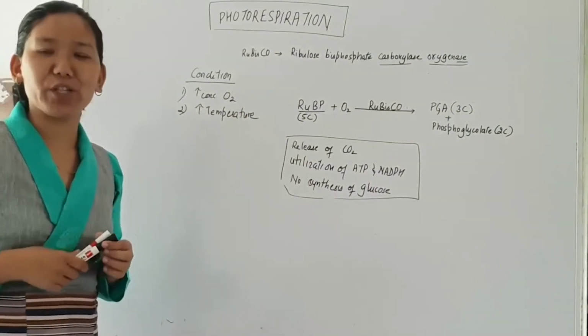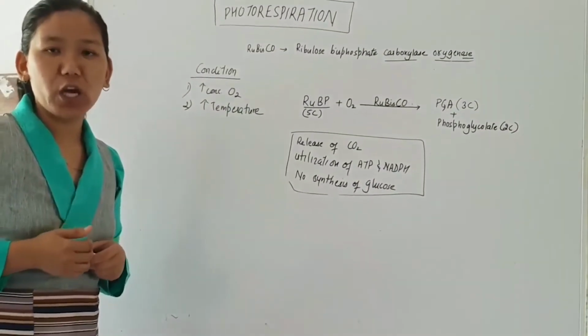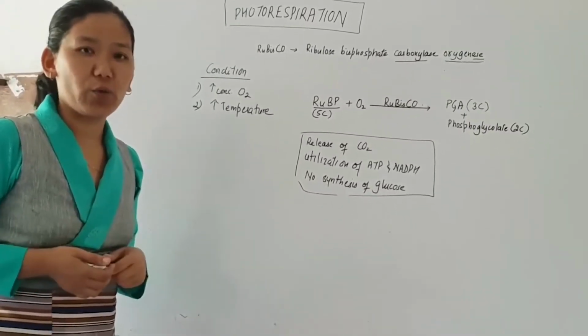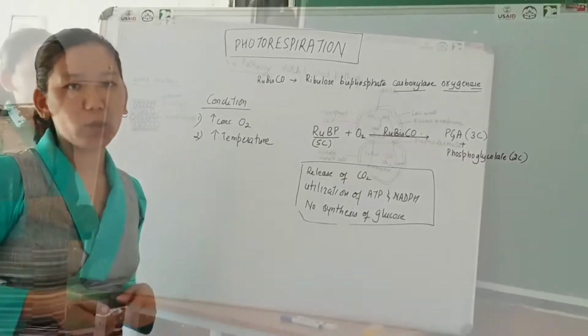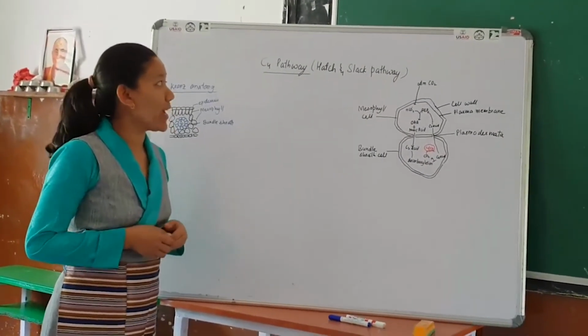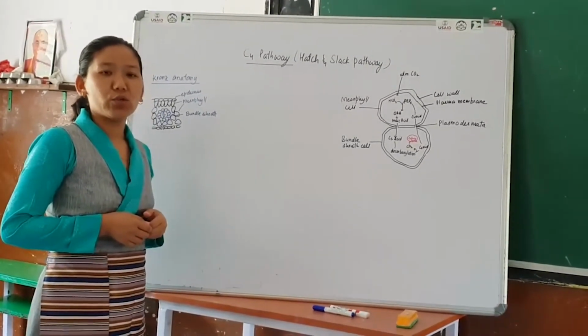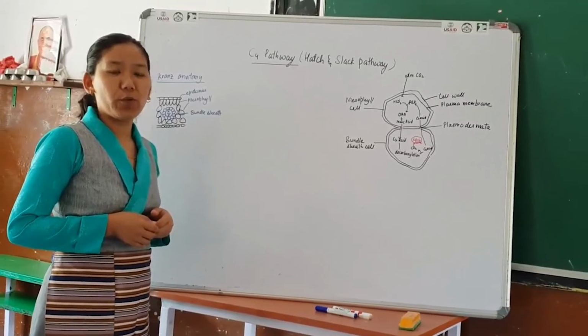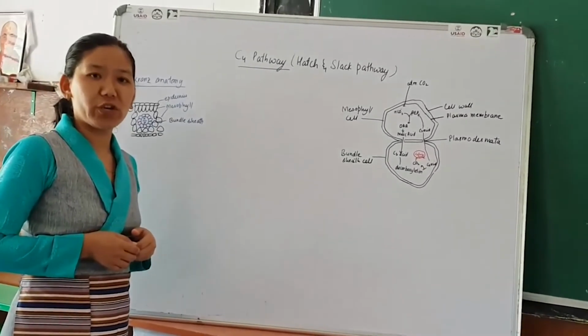And such an adaptation is found in a group of plants we call C4 plants. So my next topic is C4 pathway, or Hatch-Slack pathway. The plant usually which grows in tropical area suffers from a wasteful process called photorespiration.